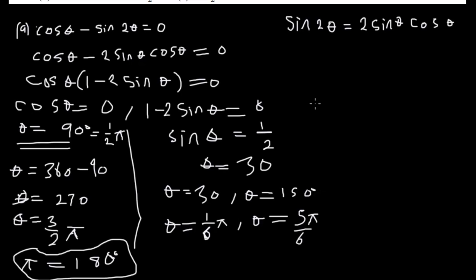So our final answer now will be, theta is equal to, you start with the smallest one, which is 1 over 6 pi, and then followed by 5 over 6 pi, and then lastly it is 3 over 2 pi.